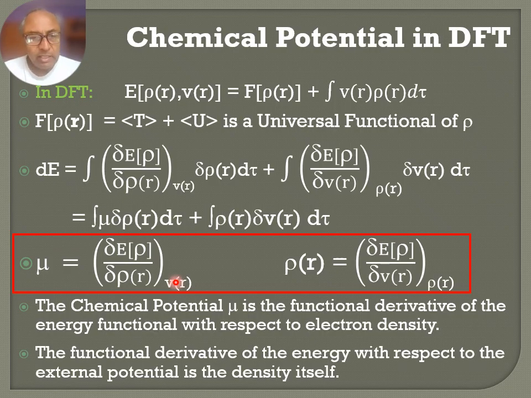The functional derivative of the energy with respect to the external potential is just the density itself, because the only term in this equation which depends upon v of r is the second term, whose functional derivative is rho of r.